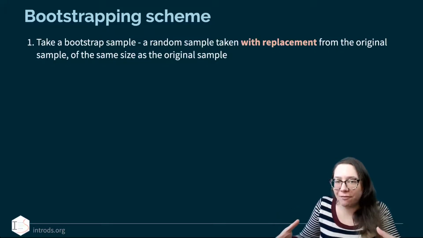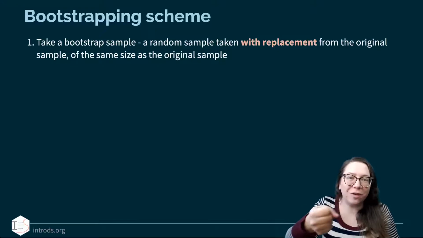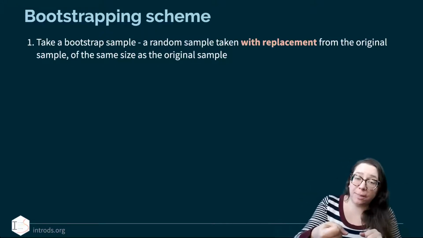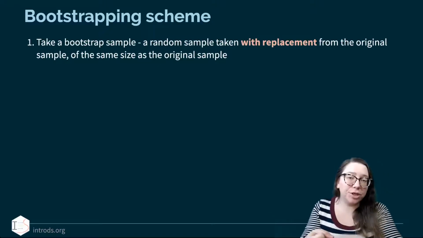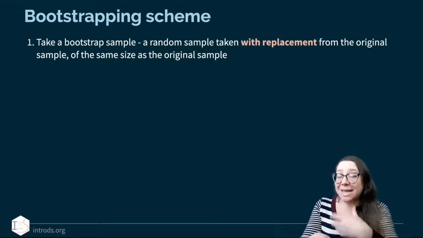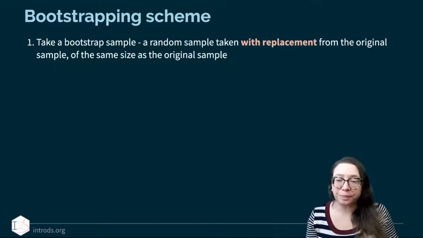I don't get to have my population. So what I'm saying is, if whatever is in this bag, these 50 students, are representative of all the students in the population, I might just allow myself to pick some of them a few more times and some of them fewer times, because in the actual population, other people like them exist as well.